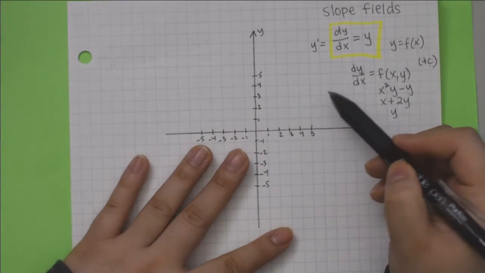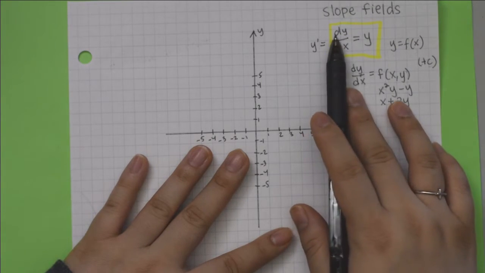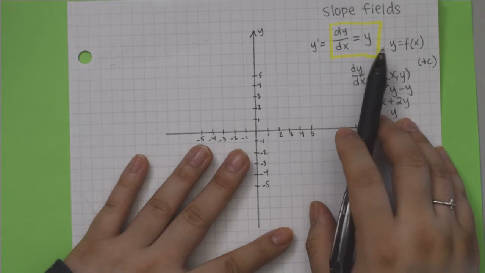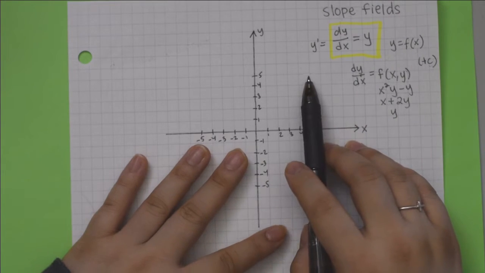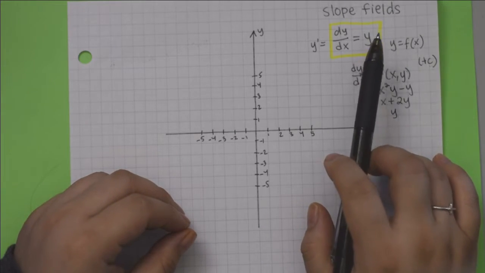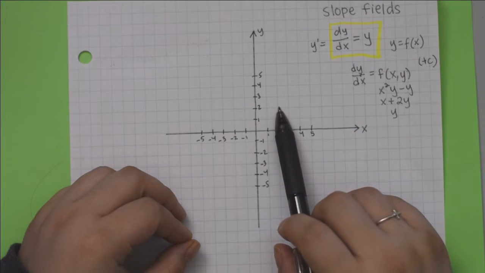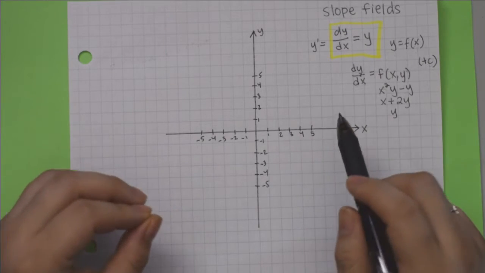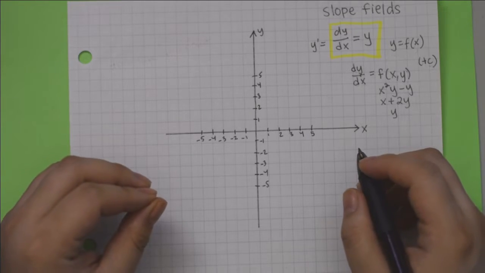At each of those points, we are going to use our equation to determine what dy dx is at that point. Remember, points have x and y coordinates. They're ordered pairs. Using our equation, we can determine the slope at a point. But it doesn't make sense to just say slope at a point. It's the slope of a line.